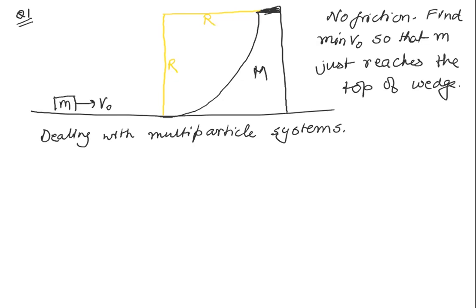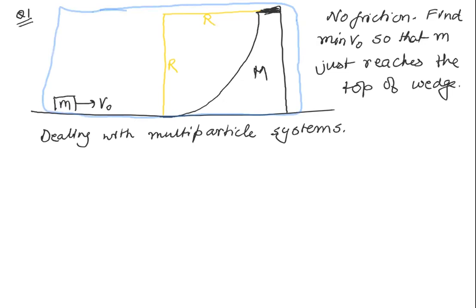Now you need to train your mind how to deal with multi-particle systems. The first thing, of course, is that you have to decide on the system itself. So in this case, I will take the block and the wedge as the system.